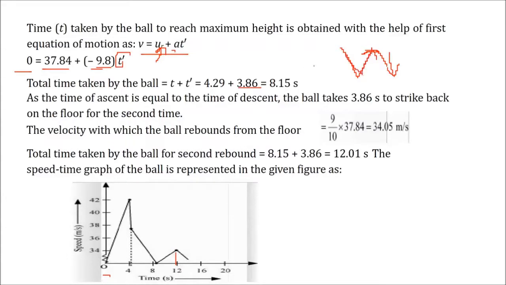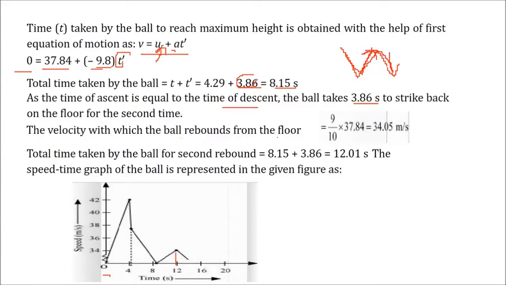So what will be this t plus t dash? It will be 8.15 seconds. The time of ascent is equal to the time of descent. So the ball takes 3.86, it goes up and then it goes down. So 3.86 is again the time for the next striking of the floor.